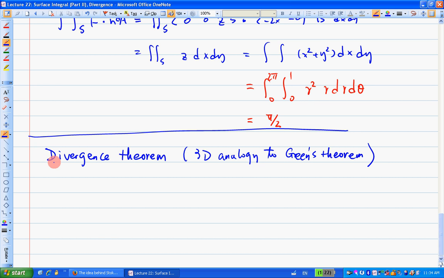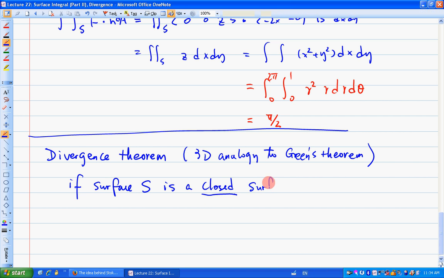Let me write down the theorem first, okay? If surface S is a closed surface, this is very important. The Divergence Theorem applies only to a closed surface.